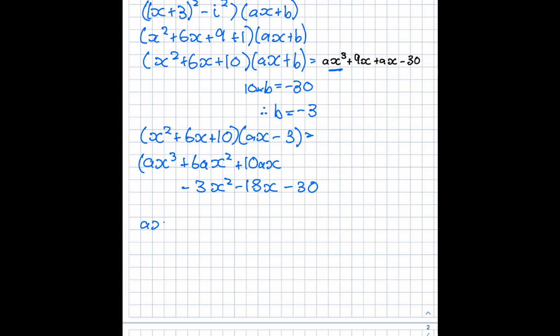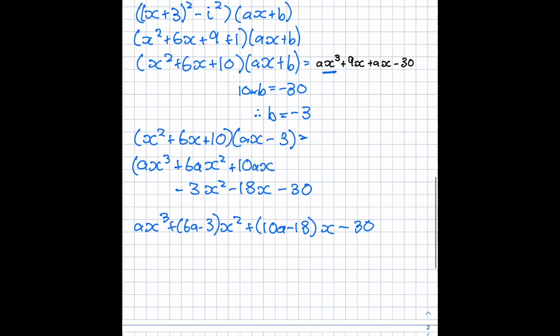So this has become ax cubed plus 6a minus 3 x squared plus 10a minus 18 x take 30. All right, we've now got to use our polynomial equality.